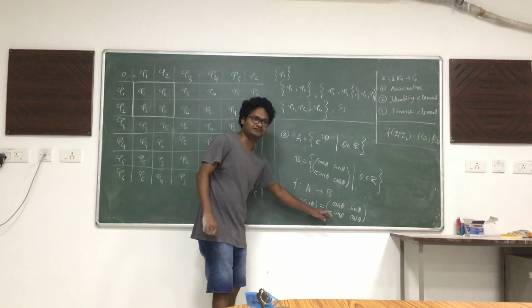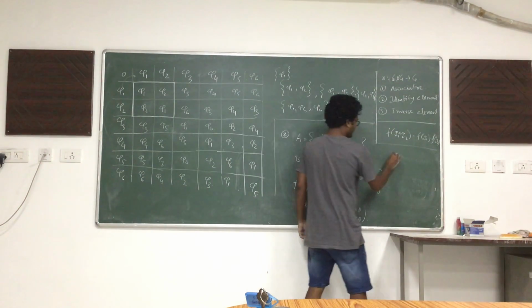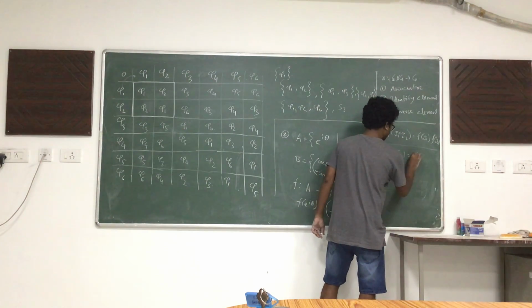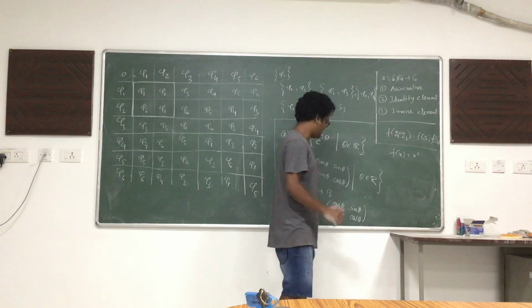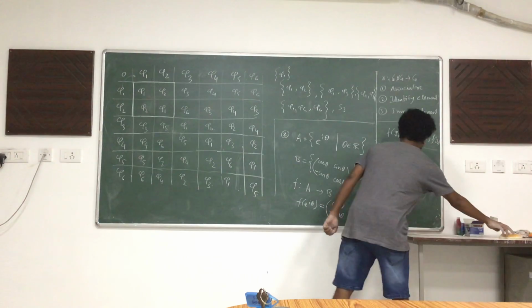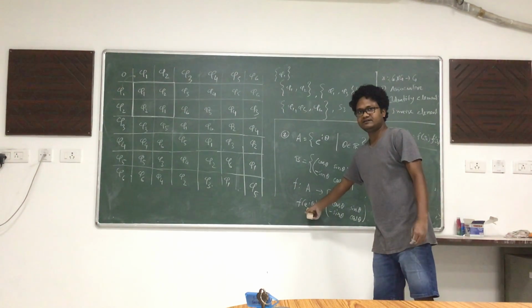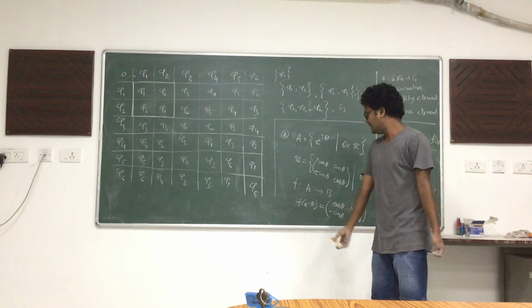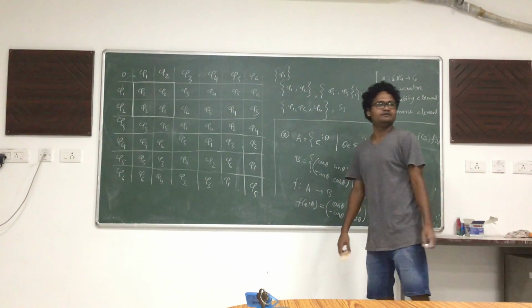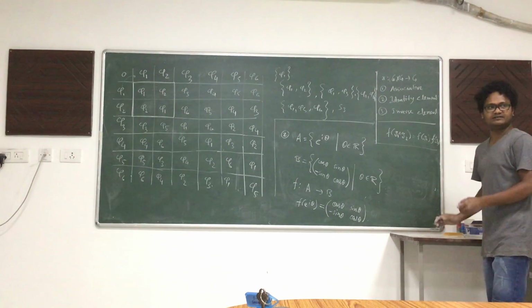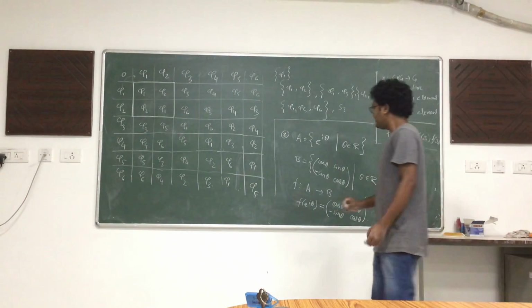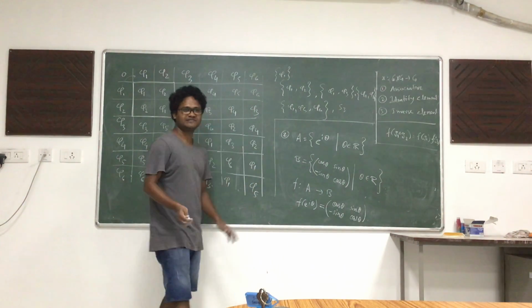This is the function definition, just like we do for real numbers, if x goes to x square. This is the rule we set. Take any element from A, and which are the elements of A? Let's say e to the power i theta, and it gives me the matrix.